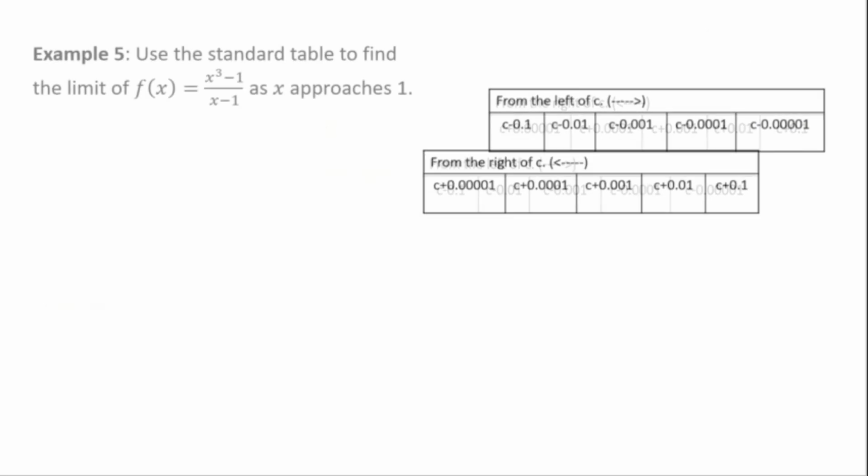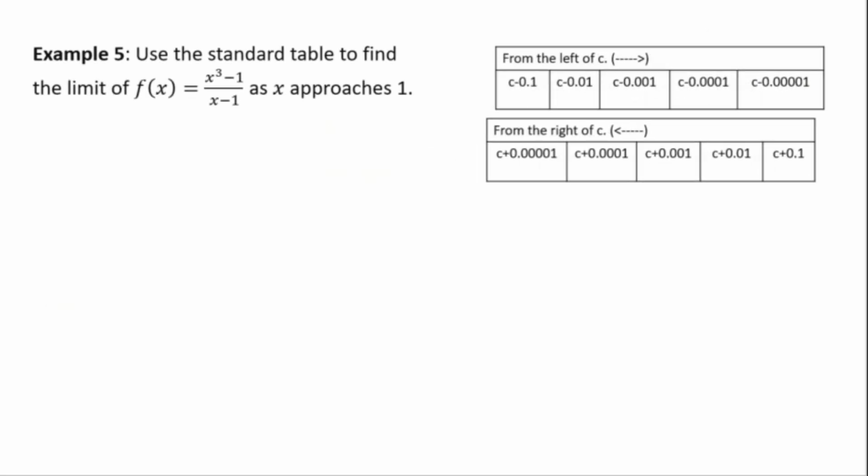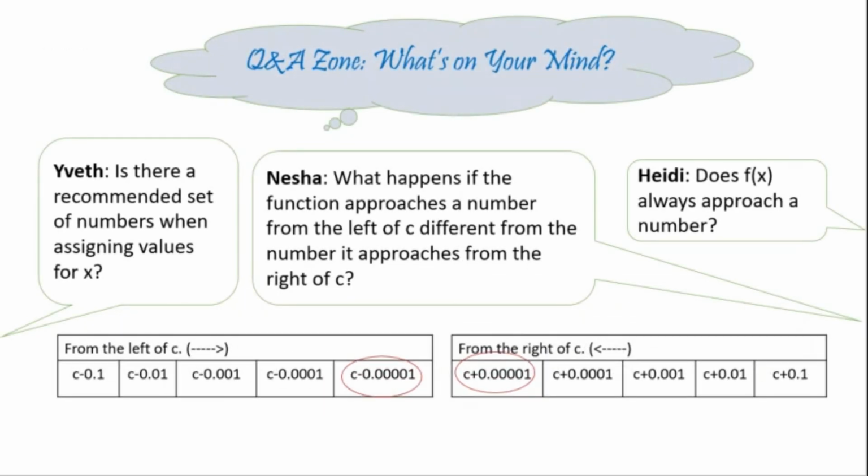Next question: what happens if the function approaches a number from the left of C different from the number it approaches from the right, on the other side?